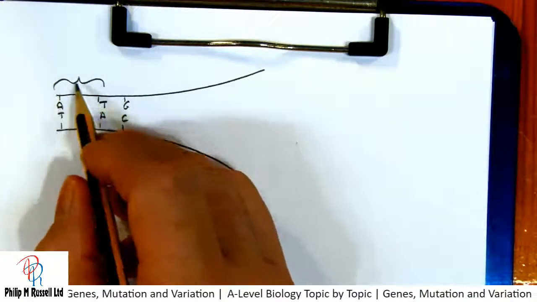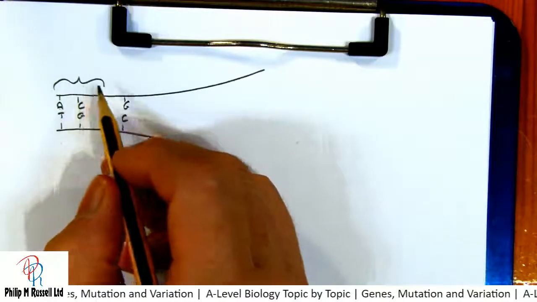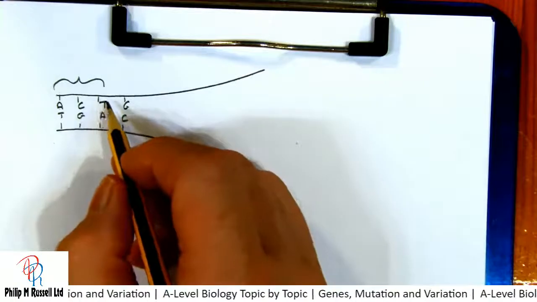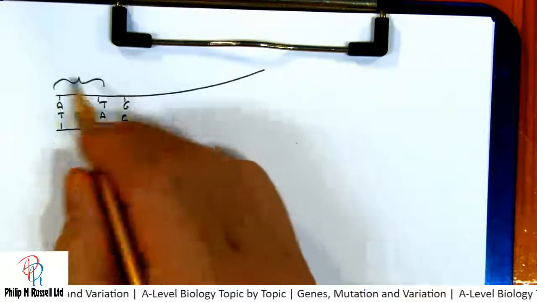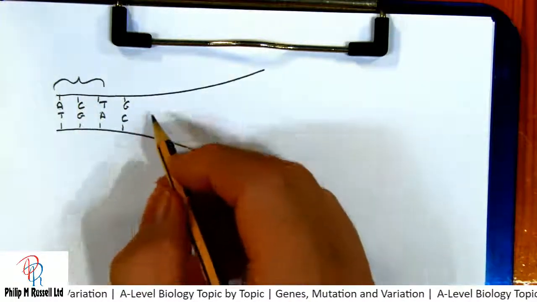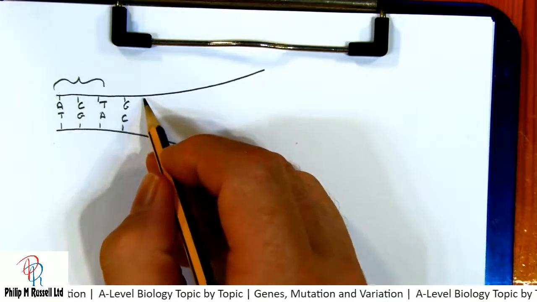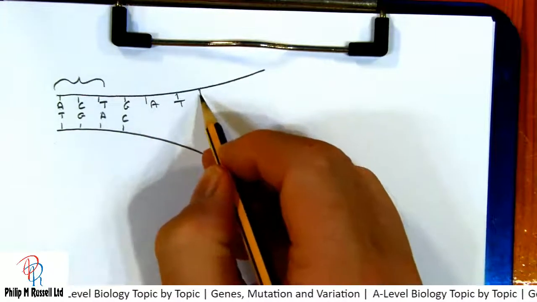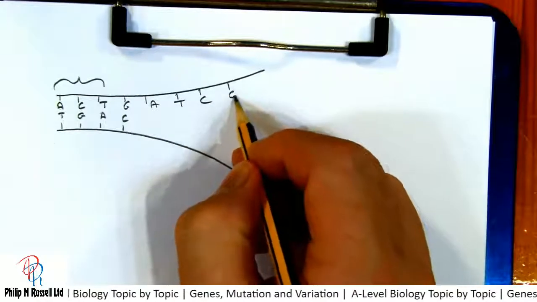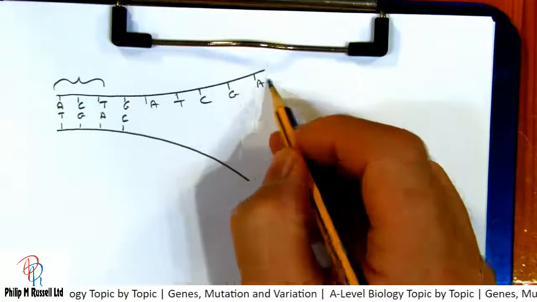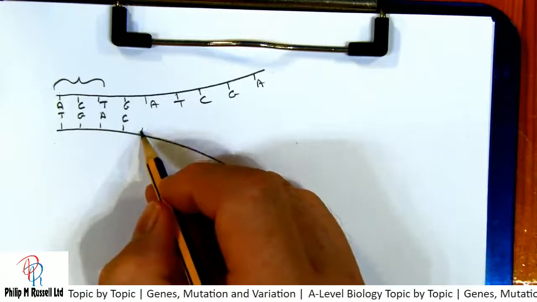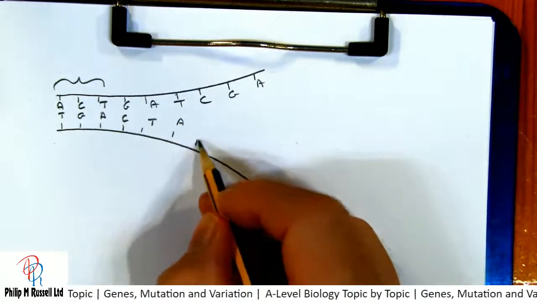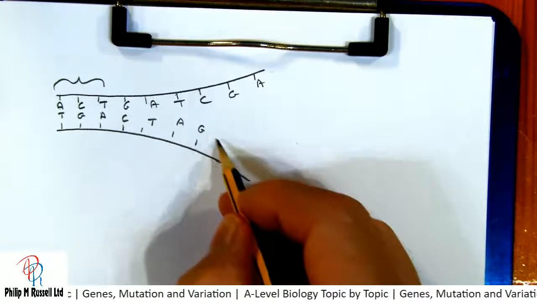When it goes into mRNA and through the ribosomes, it codes for a particular amino acid. And we have just A, T, C, G going along here and so on, and that would have its corresponding base pairs.